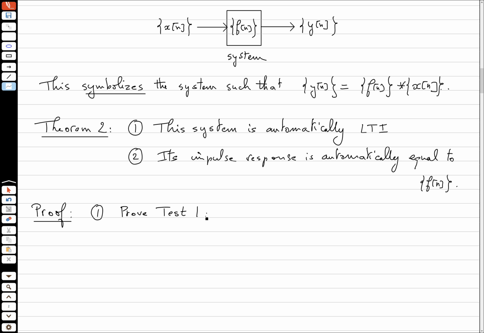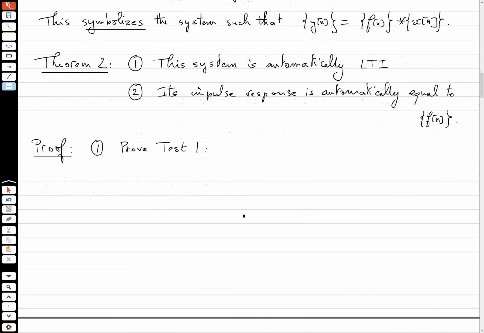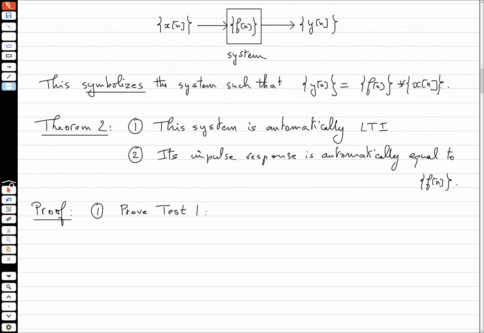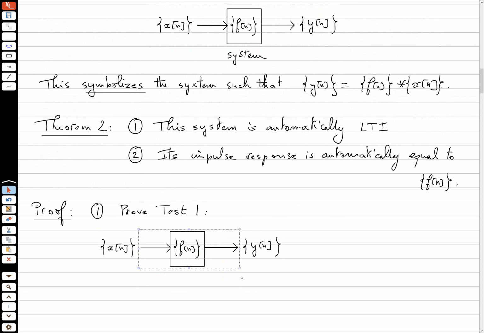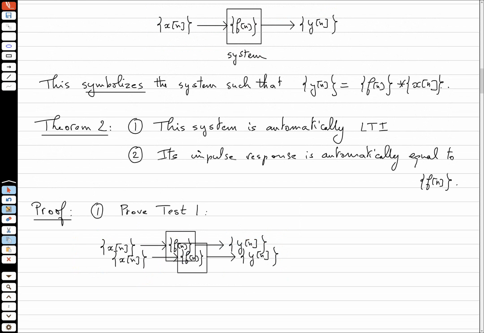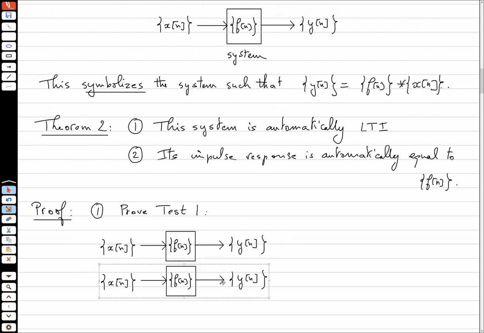So what we are going to do, you know, the usual thing. So you remember you basically need to input 2 inputs, you get 2 outputs.